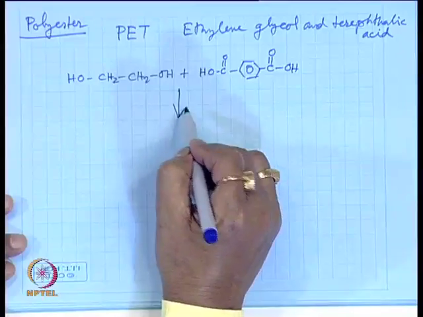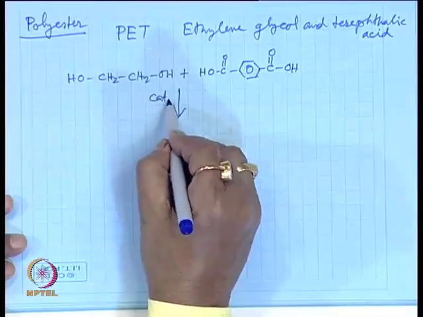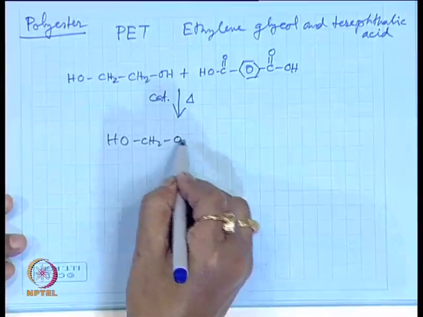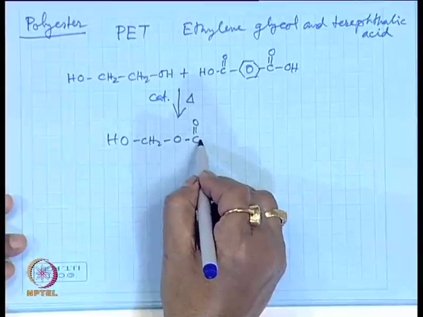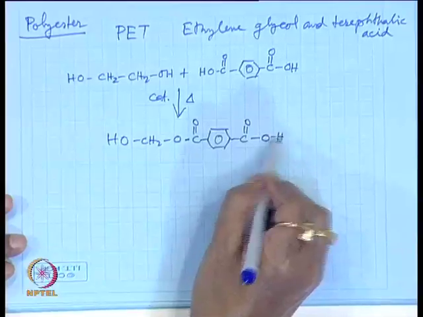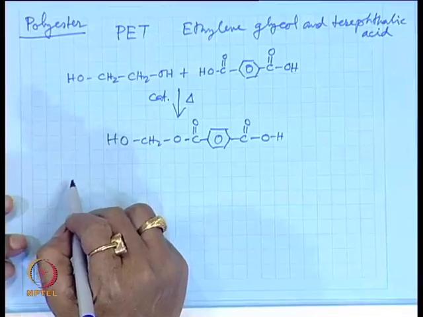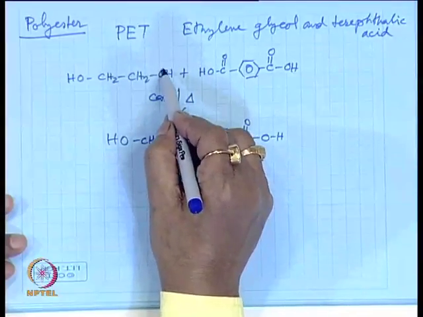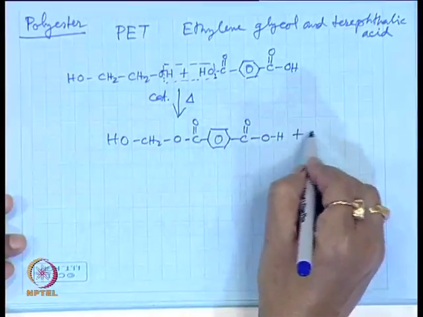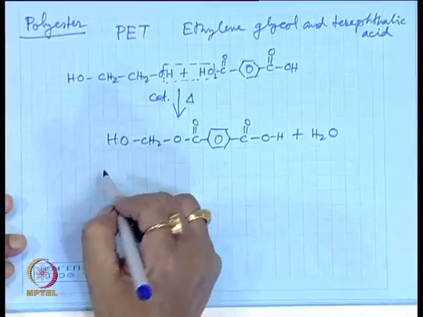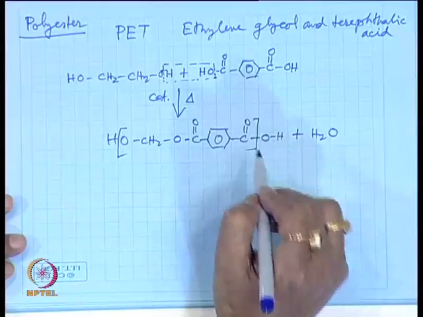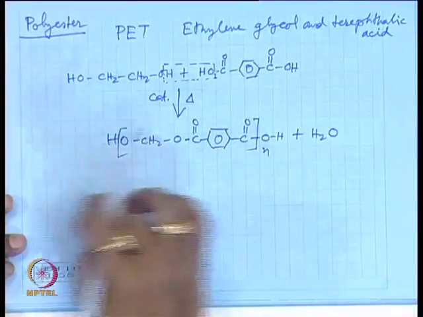Here also, if you take a catalyst and apply heat, you will get this unit repeated along the backbone chain.